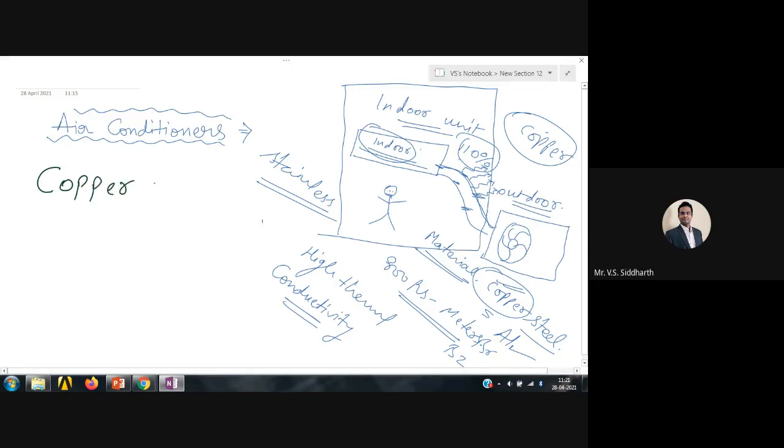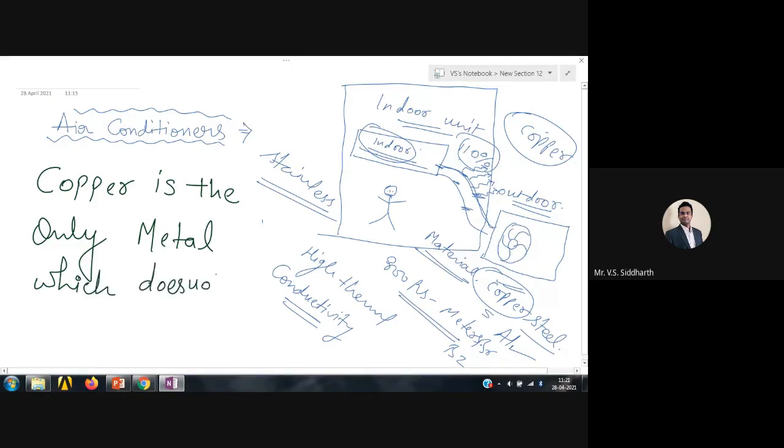Copper is the only metal which does not lose its ductility at low temperatures.